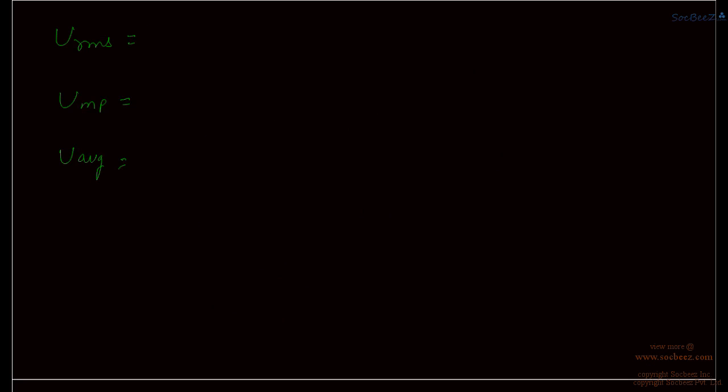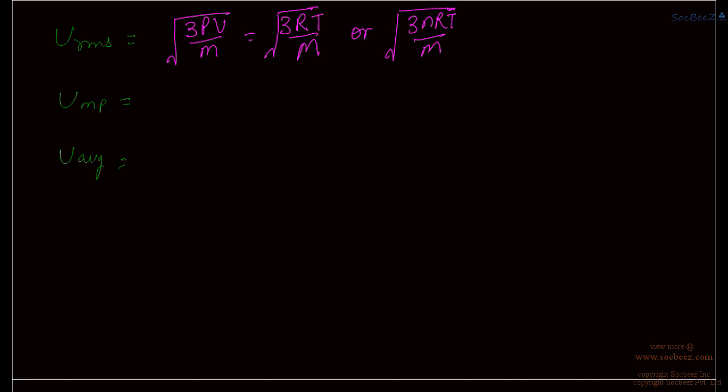So the RMS speed expression is under root 3RT upon M if the number of moles is 1, or under root 3nRT upon M if there are n number of moles.